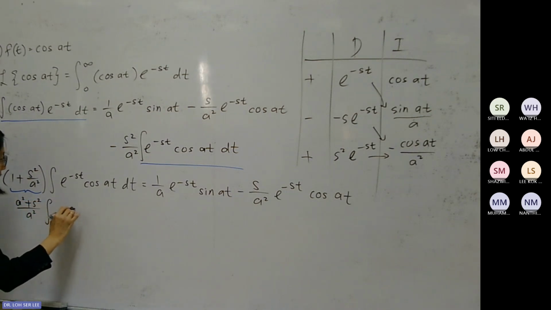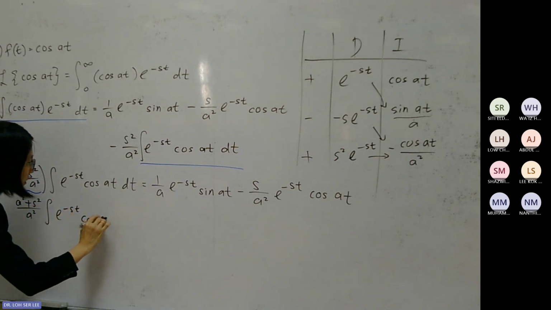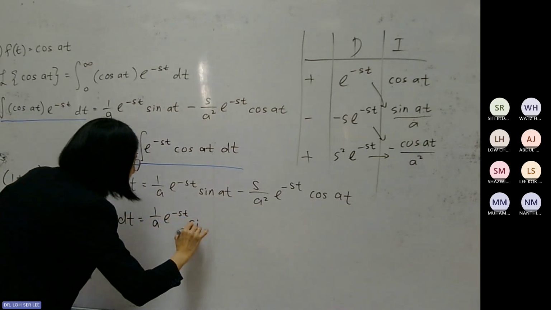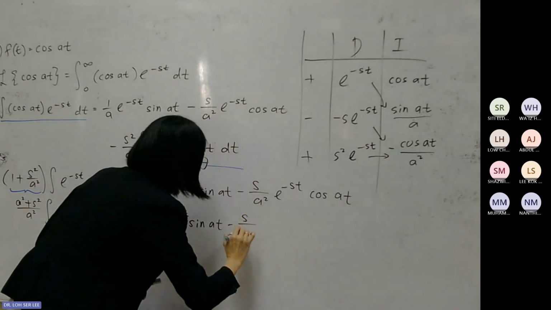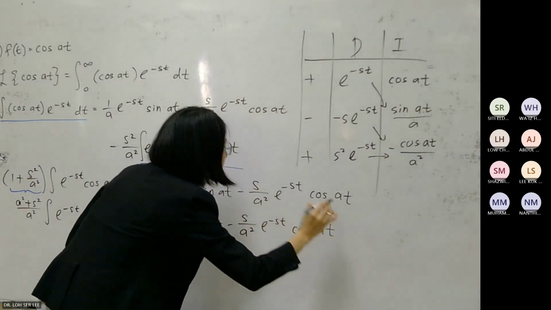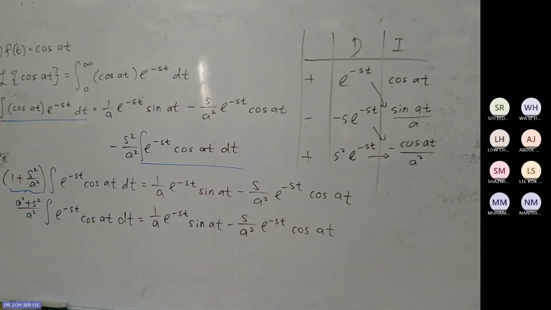One more time. The integral of e negative st cos at dt is 1 over a e negative st sin at minus, same thing as before. Combine this one to this: a squared over a squared plus s squared over a squared.